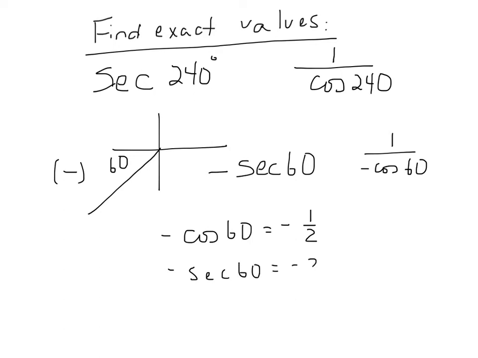I'll just take it, negative 2. I'm not going to put it over 1 because we don't want that fraction with a 1 in the denominator. Okay, so again, if you know the cosine of 240, you just simply take the reciprocal of it to find the secant of 240. QRS is still going to be part of this process. What's the quadrant? What's the reference angle? What's the sine?